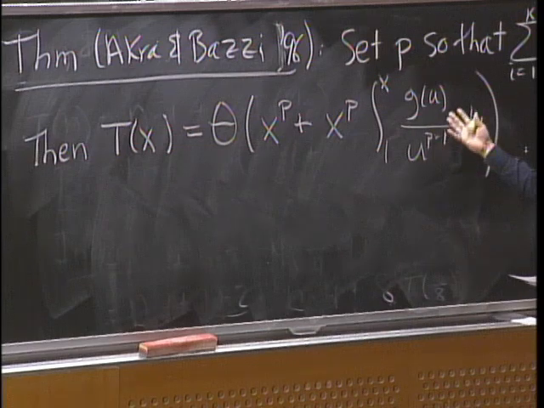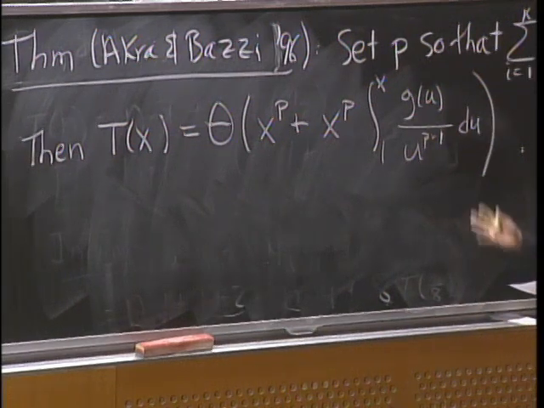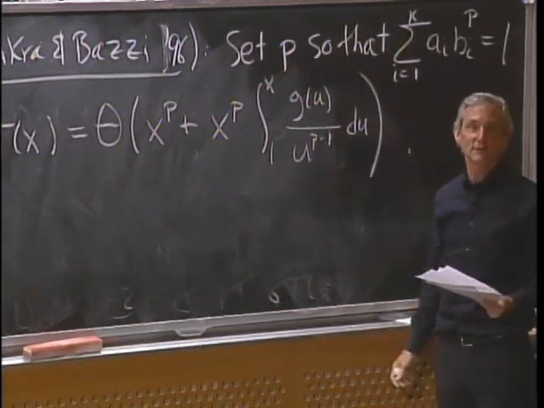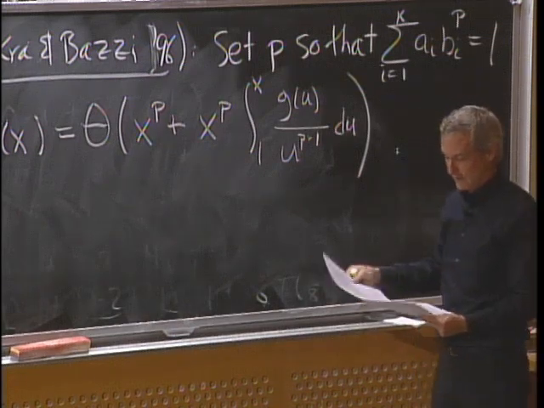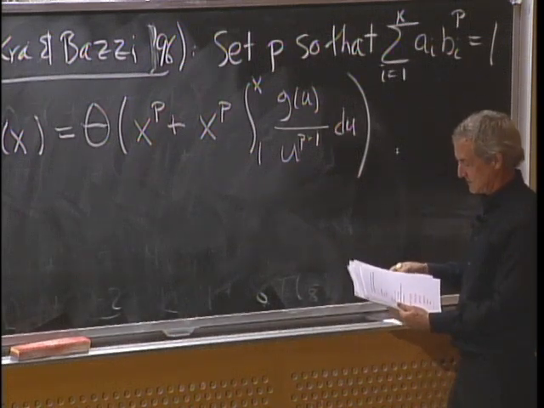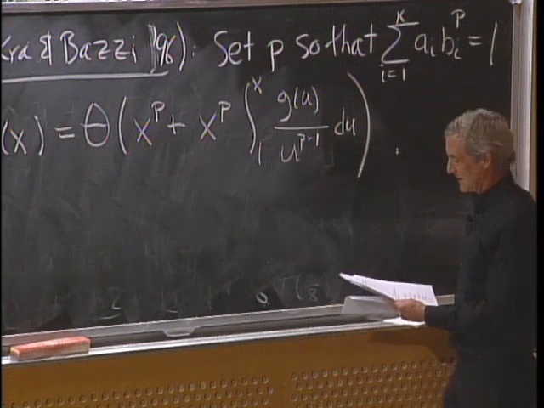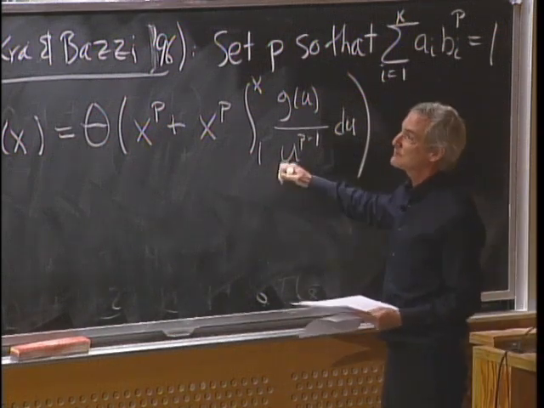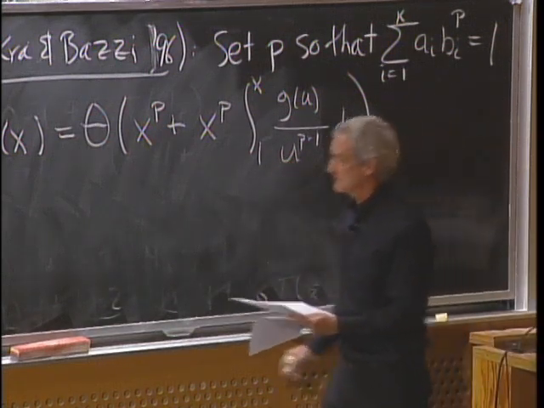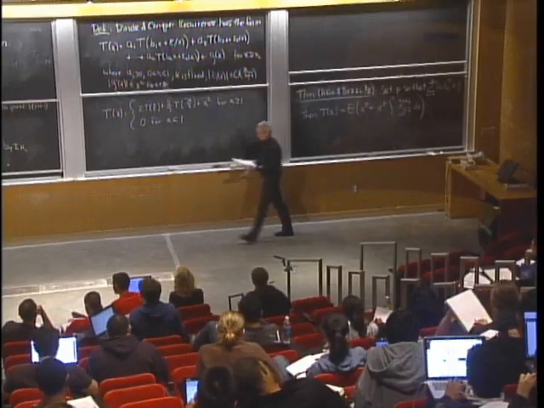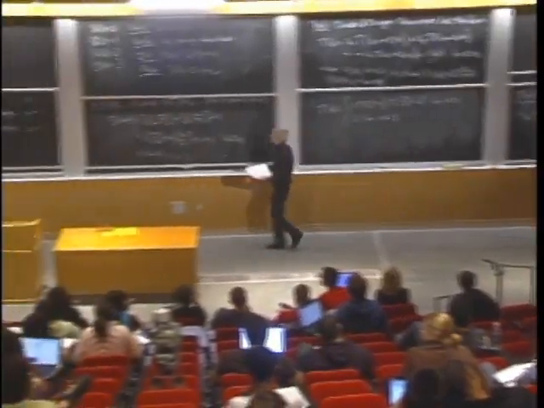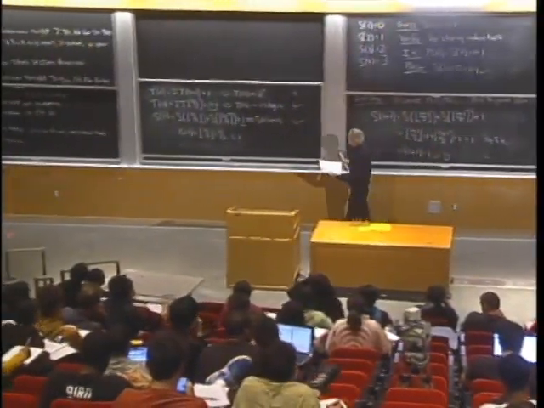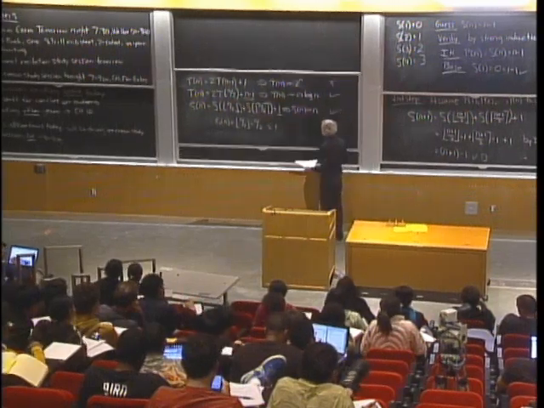But it works when you verify it by induction. It's a little painful to verify by induction, but you can do it. We won't do it in class. I did try one year, and it was a disaster, so we don't do it in class anymore. But let's see some examples of how to apply this. So let's start with merge sort, which is the second one here. Let's do that.